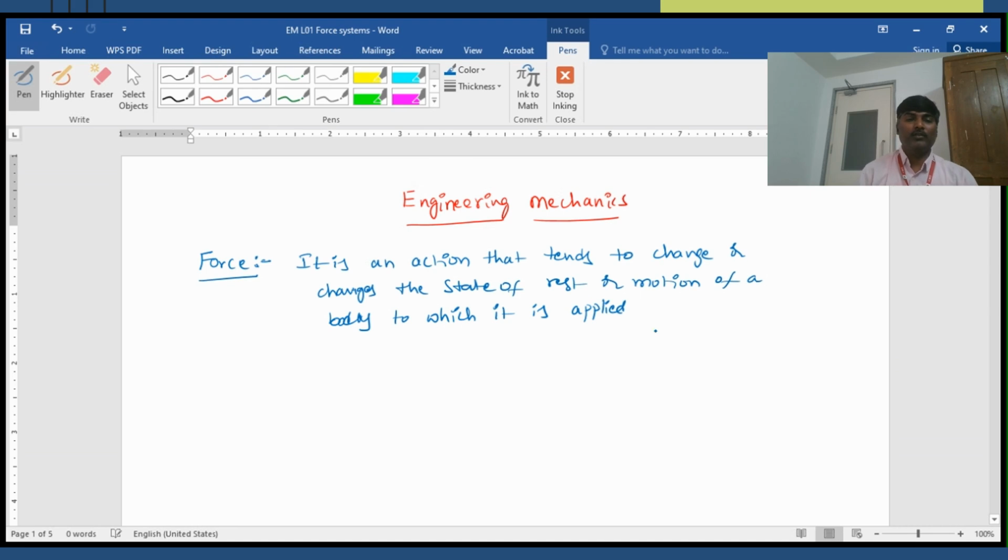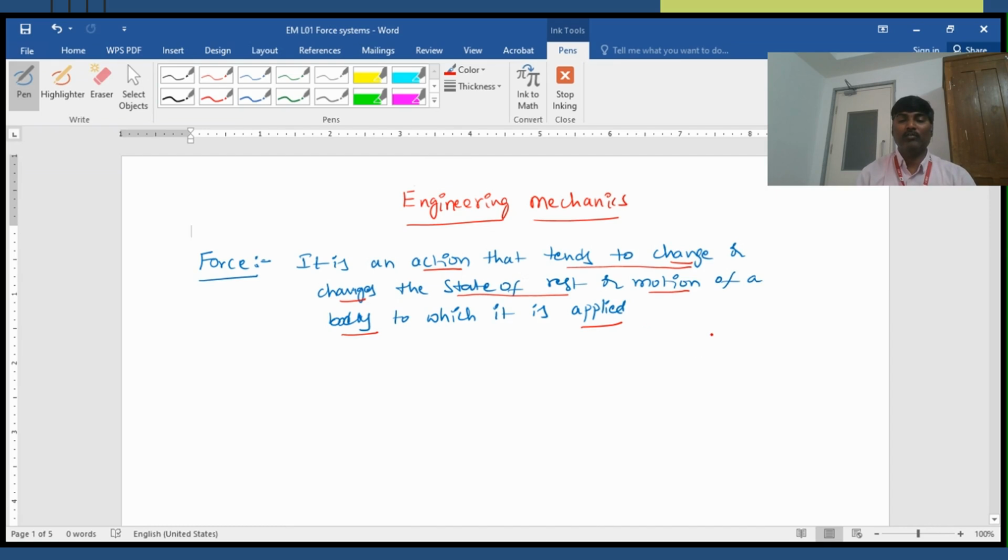Okay, so if you see the keywords in this definition, force is an action that tends to change or changes the state of rest or motion of a body to which it is applied. Okay, so that is what is force, right?